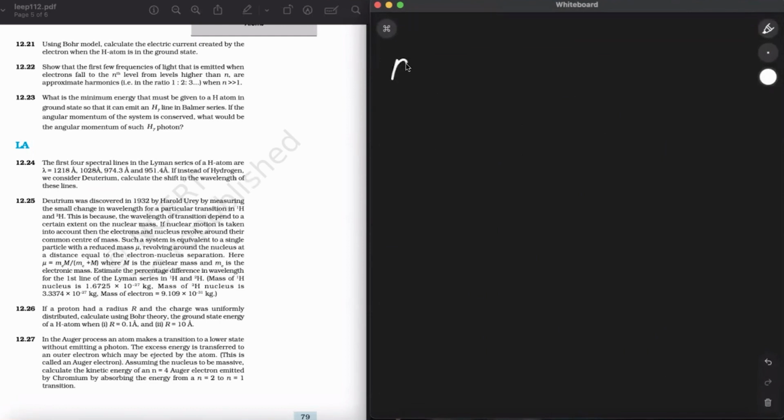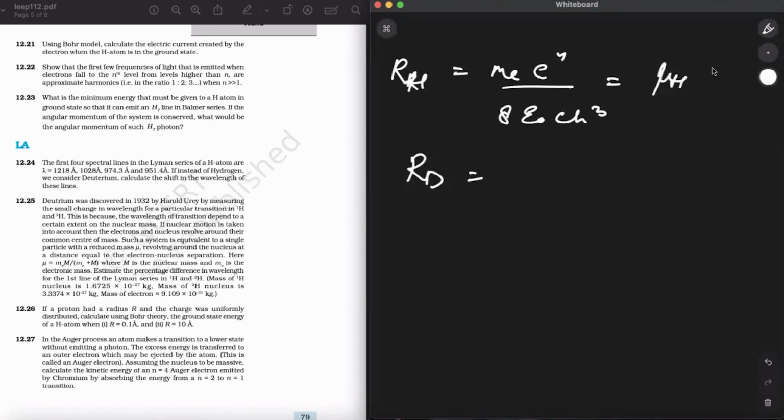Now Rydberg for hydrogen can be written as m electron e to the power of 4 upon 8 epsilon naught squared c h cubed. Alright. Now, for the deuterium, I can also introduce the reduced mass mu H over here. This will help you because this is the point where the change will come between the two atoms.